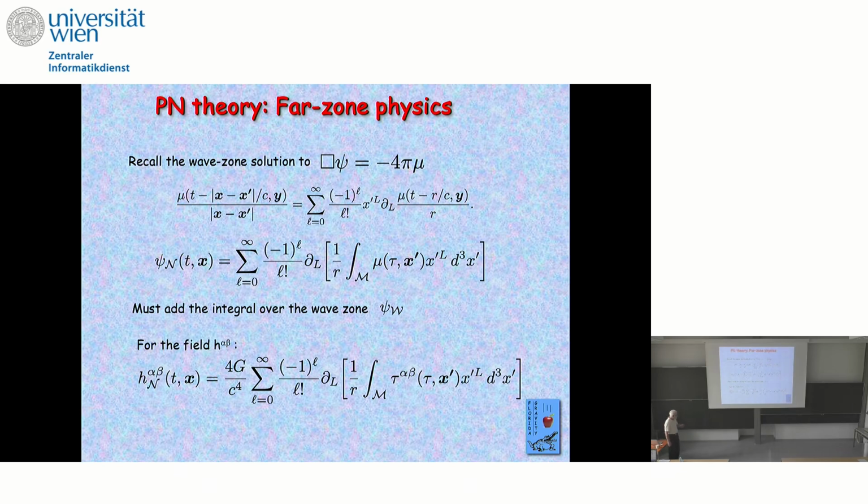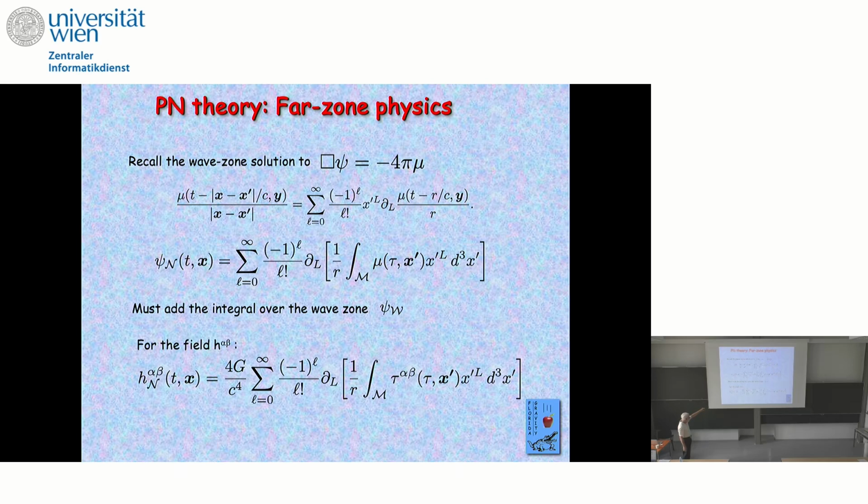So we started out with this very simplified scalar picture of a wave equation, a flat space-time wave equation on psi given by some source mu. But mu consisted of both a material part, the masses, the sources, plus also a part that extends over all space. And for points in the far zone, where x, the distance to your detector, is large compared to the size of the near zone, we could expand in small powers of this and get a multipole expansion.